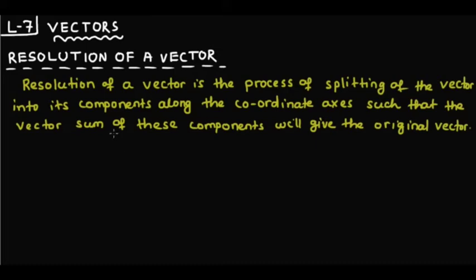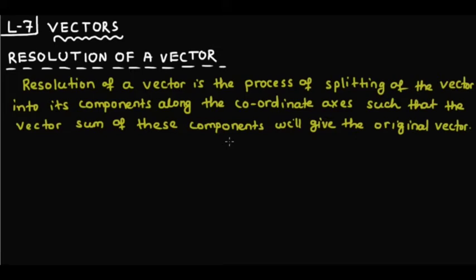So look at the definition I have written on the screen. Resolution of a vector is the process of splitting of the vector into its components along the coordinate axis such that the vector sum of these components will give the original vector.